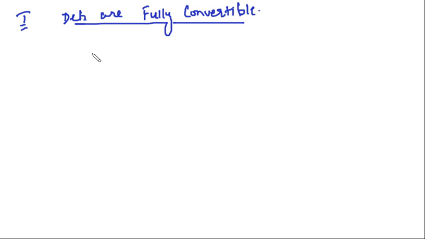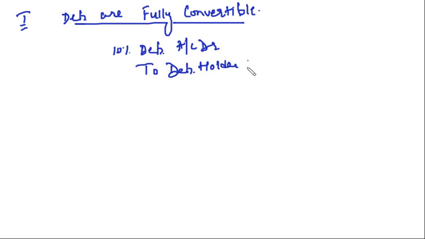What are your first entries? When the amount is due to the debenture holders, I will say 10% debentures account debit to debenture holders account. Right? This entry will be common in both the cases for the amount due to the debenture holder.